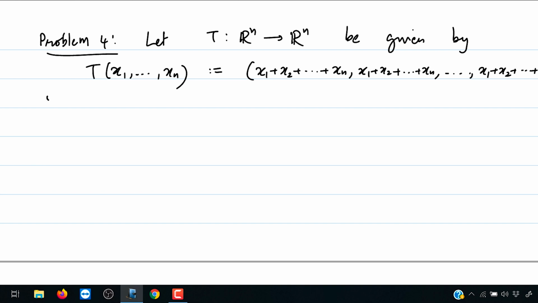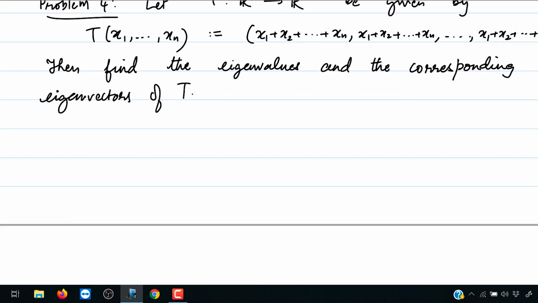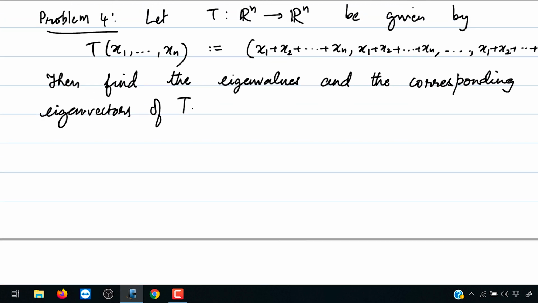Okay, so the problem is to find the eigenvalues and the corresponding eigenvectors of T. So if you notice, in the standard basis the matrix of T will be a matrix which is given by 1 in every entry. So that's something which you should go back and check.